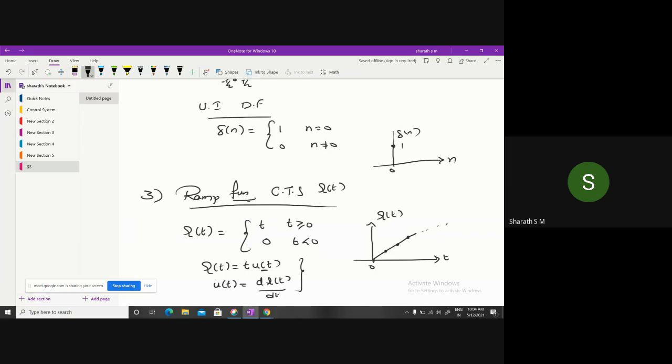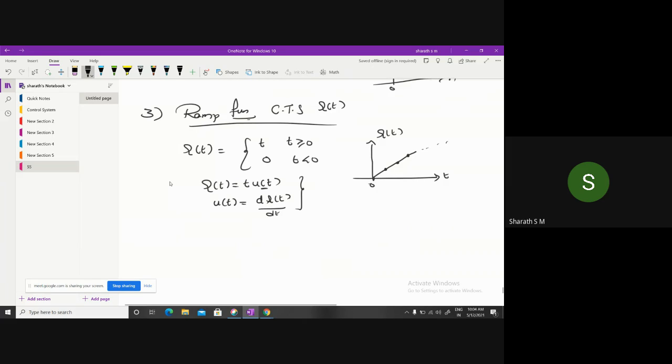Now write the ramp for the discrete part, for a discrete signal. That is r of n is equal to n for n greater than or equal to 0, and 0 for n less than 0.